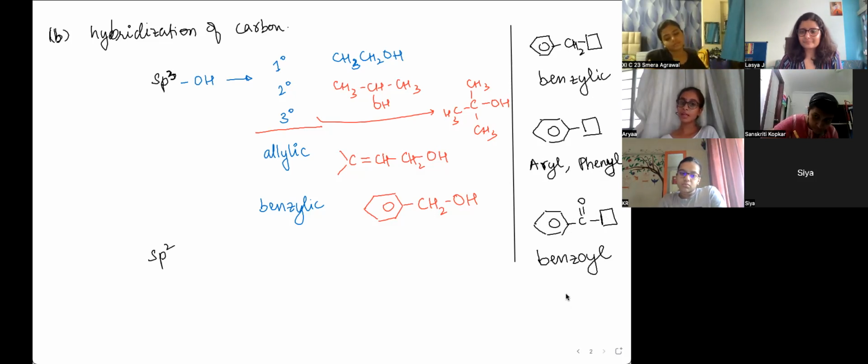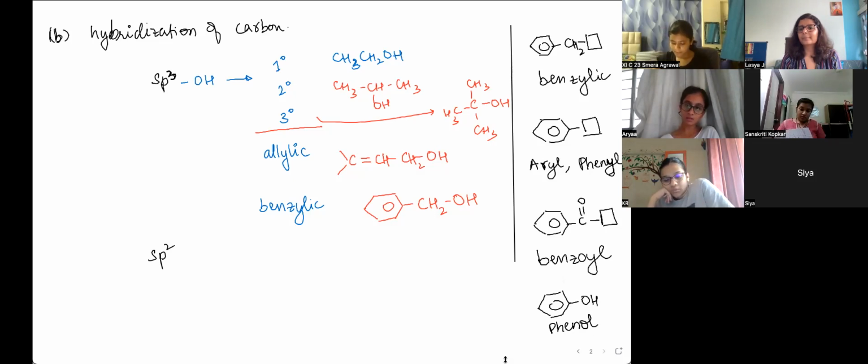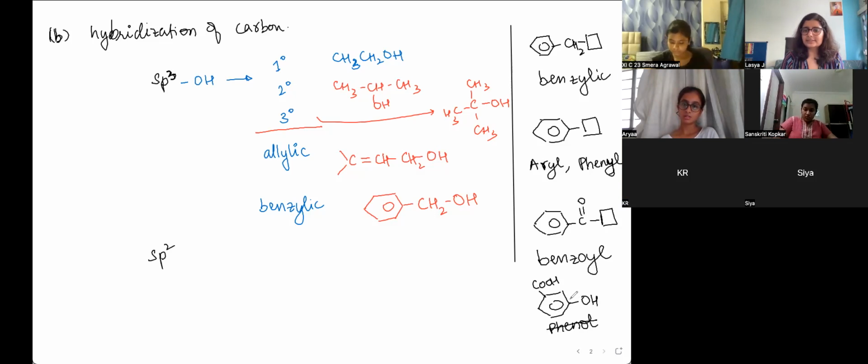So while naming we write phenyl. Aryl directly has a name, like this whole thing is called phenol. Suppose you have some other group attached to it, then this is benzoic acid. This is an aryl OH group, a phenyl hydroxy group.